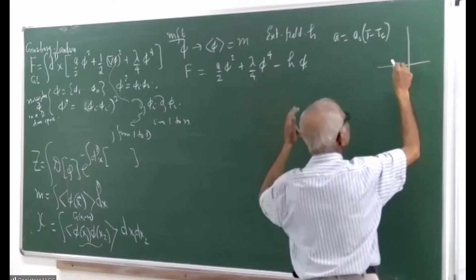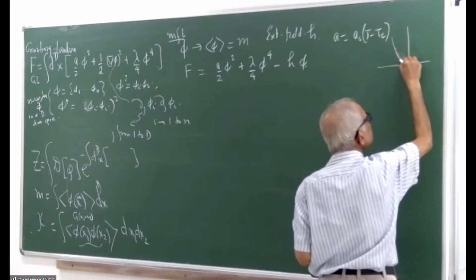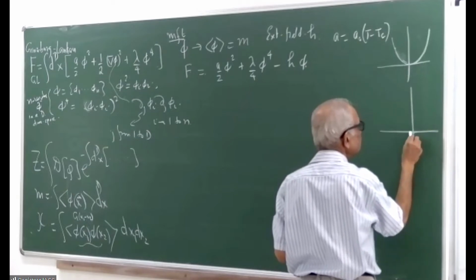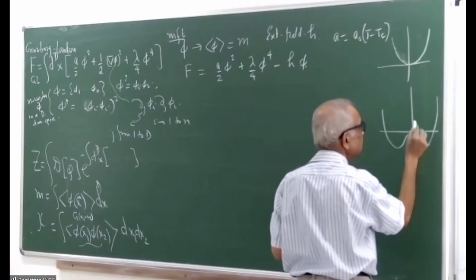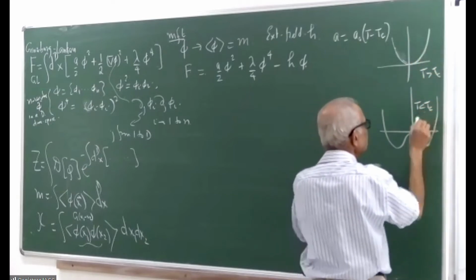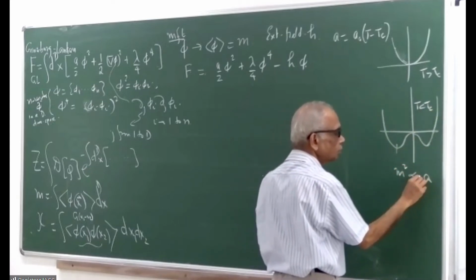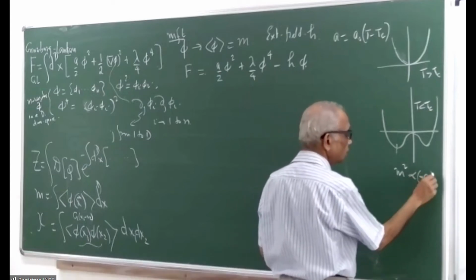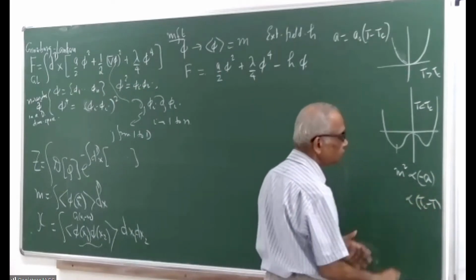The zero field free energy goes from looking like this to looking like this: T greater than Tc, T less than Tc. So here you have the magnetization m squared proportional to minus A, which is proportional to Tc minus T. So m is proportional to that.